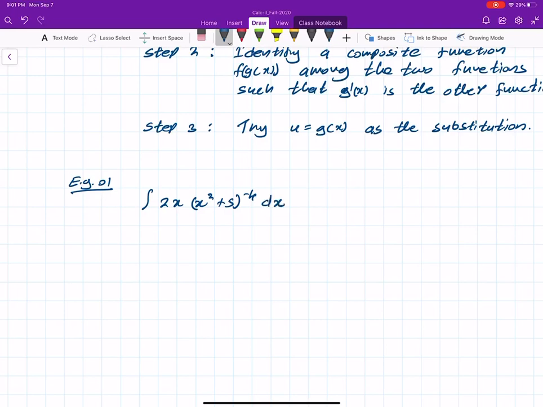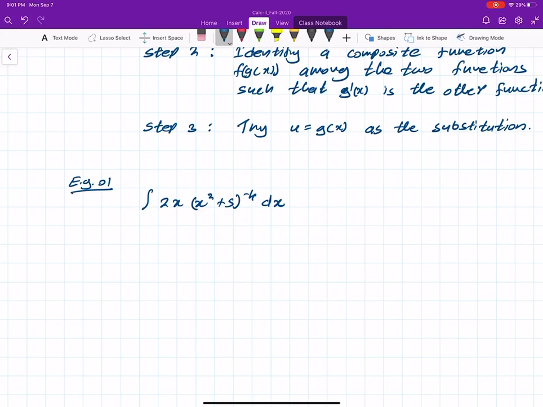This is the given problem. Check whether you can use any known formulas for this. You know a lot of integration formulas, so check whether you can use them right now. What I see is I don't know any formula for this problem. This is a hard problem, so I never learned a formula for this. Because of that reason, I'm trying to use the substitution rule.